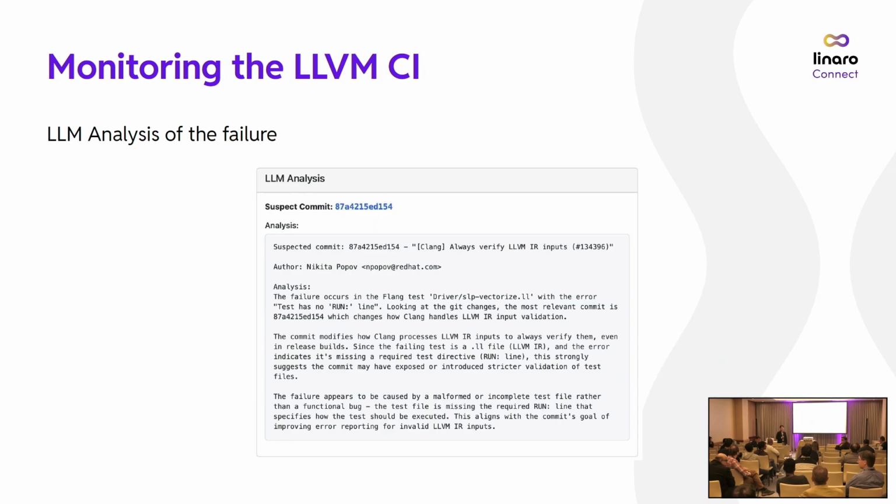We also run an LLVM CI, and most of the time, the failures are, like Maxime said, in the code that is touched by the commit. If there is a match between the git commits, like a file or the new test added, and the one in the error log, then it's a simple heuristic, right? So how much value is there in running an LLM over a basic heuristic?